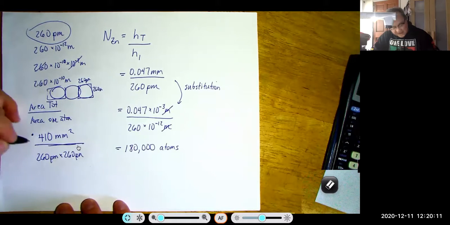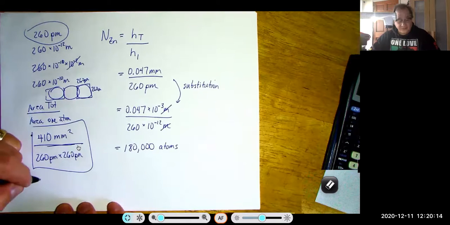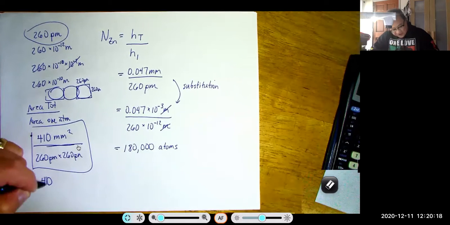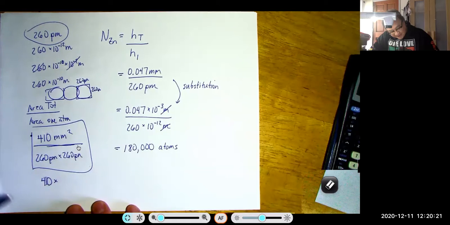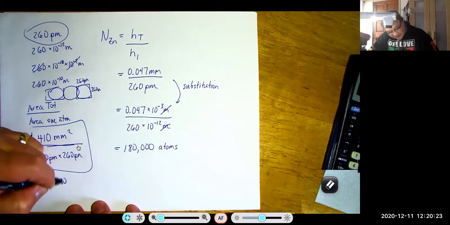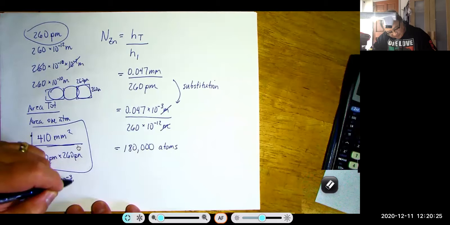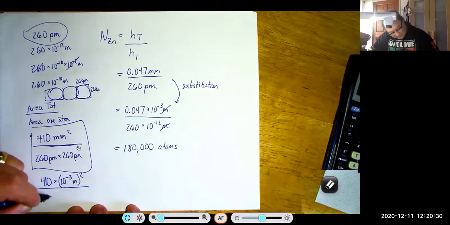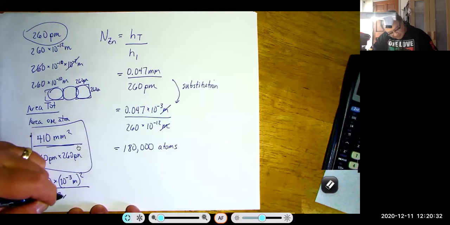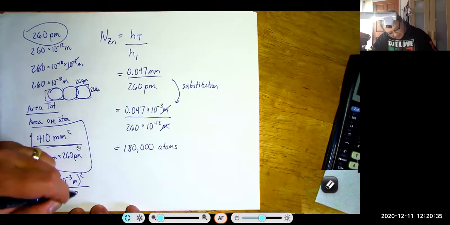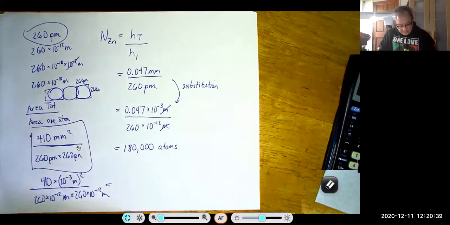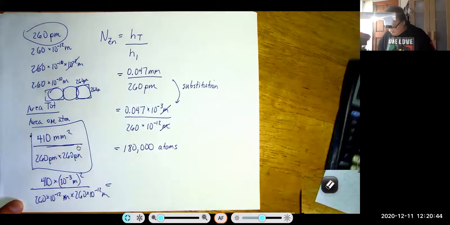So let's see how many stacks we would have. I've never done this before, and that's why I'm interested. So a millimeter is 10 to the minus 3. So basically we have 410 times 10 to the minus 3 times 10 to the minus 3.